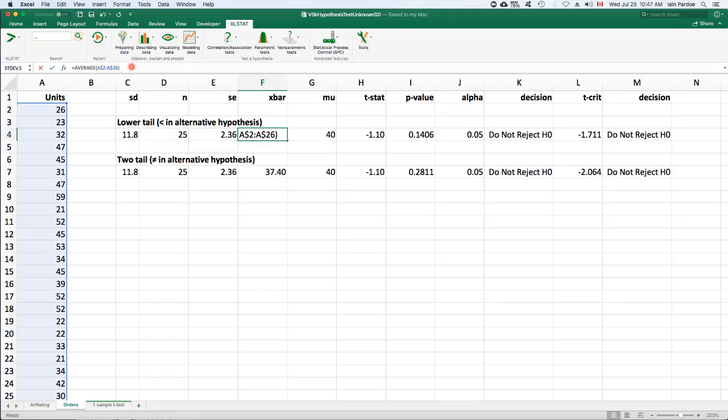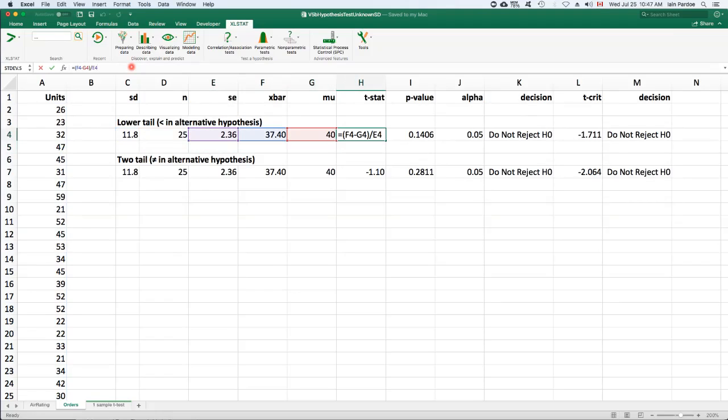Sample mean comes to 37.4 in this case. We're testing against a hypothesized mean of 40, and we're doing a lower tail test. So in our null hypothesis, the mean is greater than or equal to 40, and in our alternative hypothesis, the mean is less than 40.